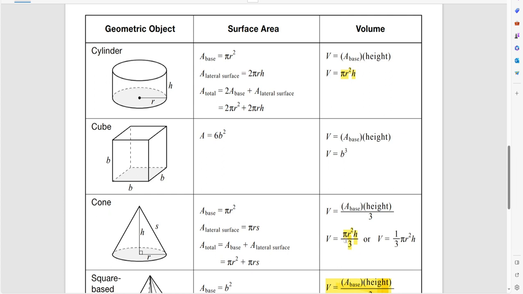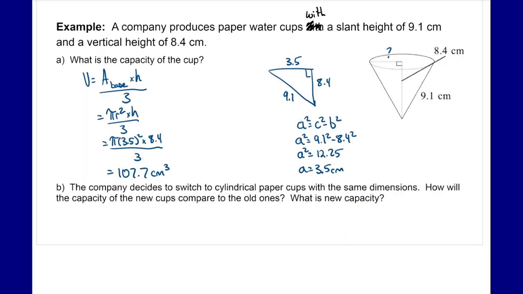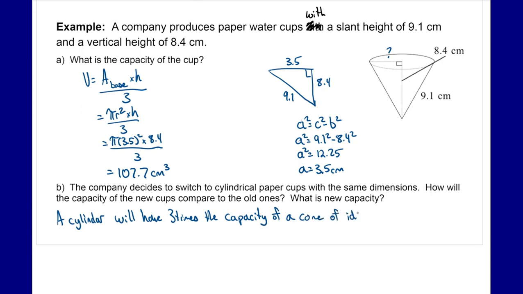So looking at this, if I go back to my note now, a cylinder will have 3 times the capacity of a cone with identical dimensions, or with the same dimensions.